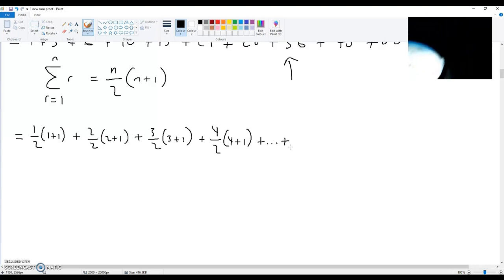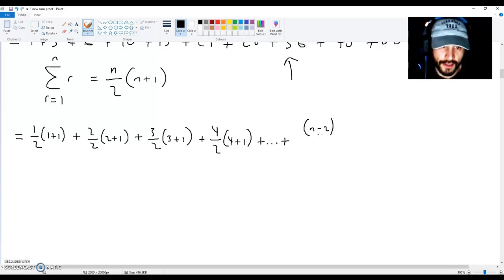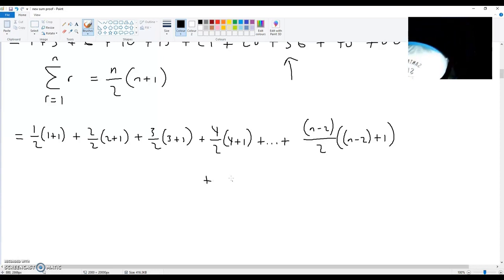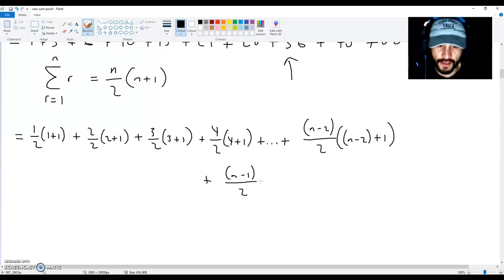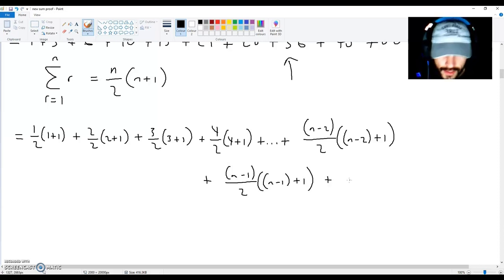plus, let me see, n minus 2 over 2 multiplied by n minus 2 plus 1, plus n minus 1 divided by 2 multiplied by n minus 1 plus 1, plus n over 2 multiplied by n plus 1.